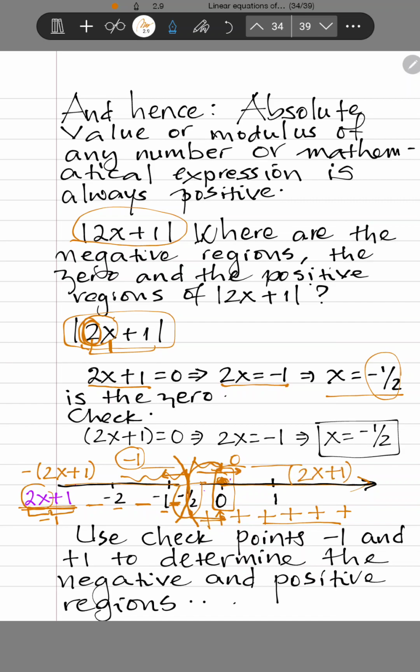This is a simple technique of getting a critical number, identifying negative region and positive region of an expression. This is just an example here. When we go to the main question, it will help us a lot.